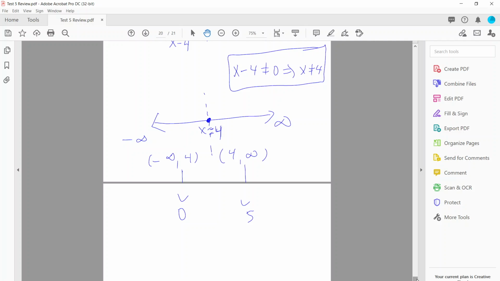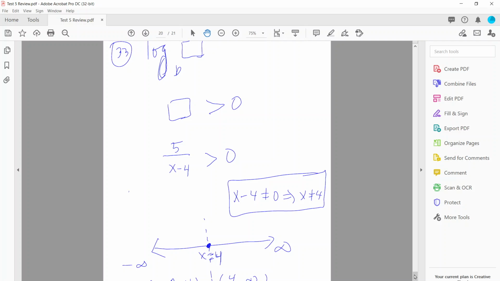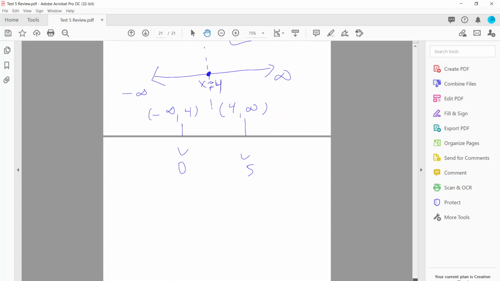Let's say the function f of x is 5 over x minus 4. I'm going to check the value of the function f at 0, which is 5 over 0 minus 4, which is negative. So on this interval the function would be negative. At 5, it is 5 over 5 minus 4, which is positive.